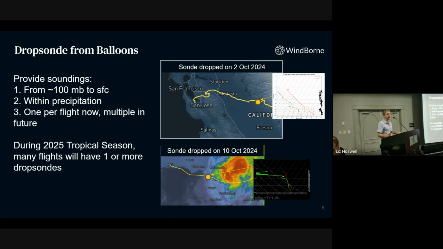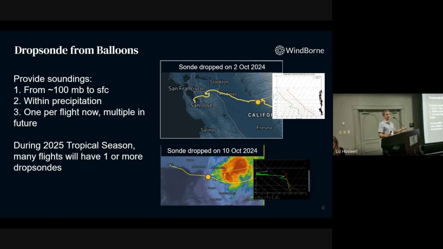Now, we might say, why would you want dropsondes on a balloon that can already go up and down? And there's a few reasons for that. One is, to begin with, to collect more data. A second objective is to collect data all the way down to the surface. And even a third objective, which is probably the most important, is to be able to drop into areas of weather where the balloon typically wouldn't fly.